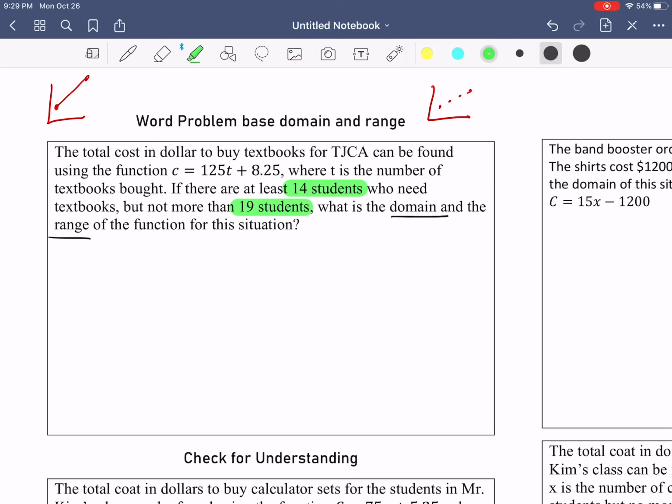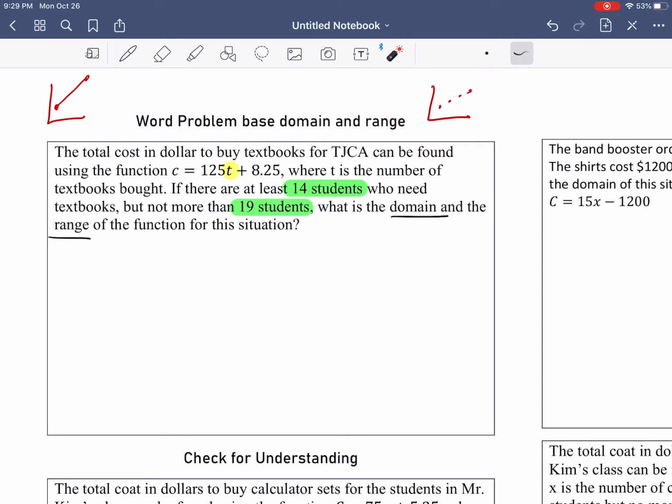This t stands for the number of textbooks bought, right? Let's look at t, textbooks. Is that countable or not countable? It is countable, right? Like 1 textbook, 2 textbooks, 3 textbooks. You can count it. In that case, we call it discrete.